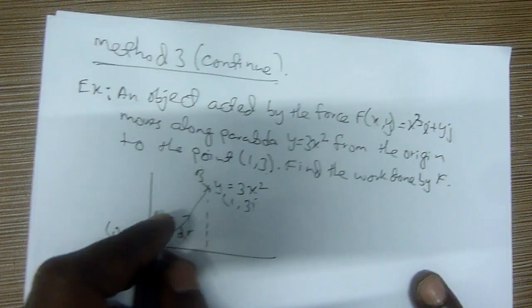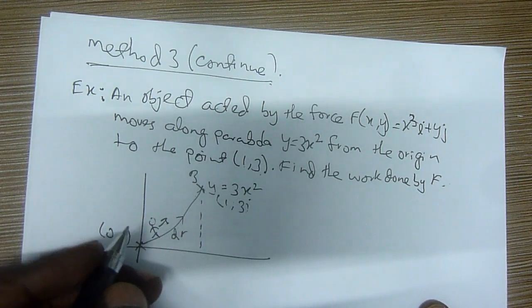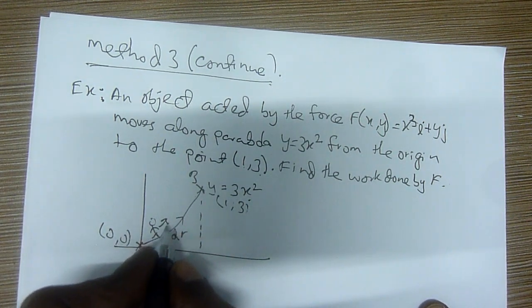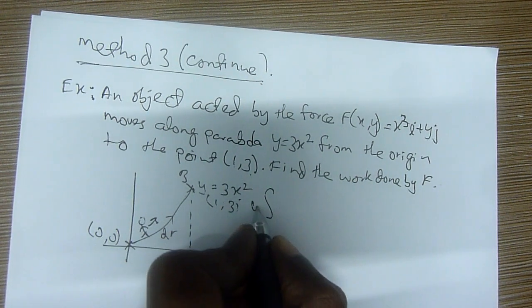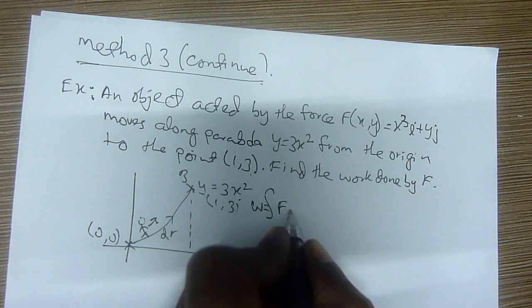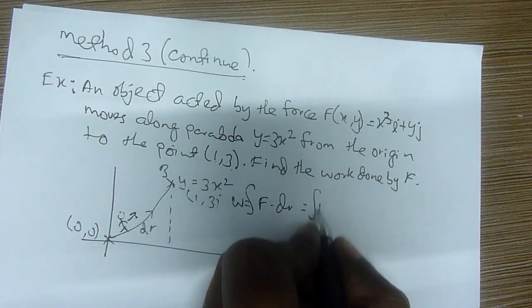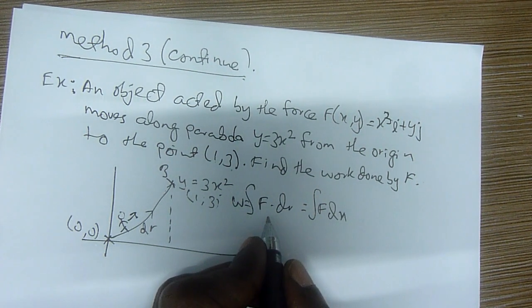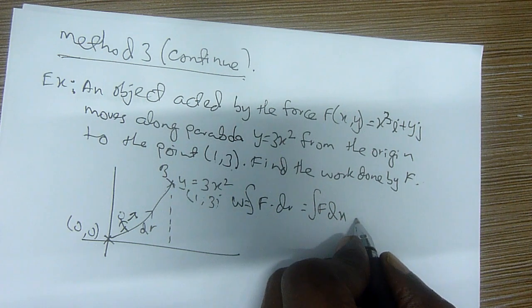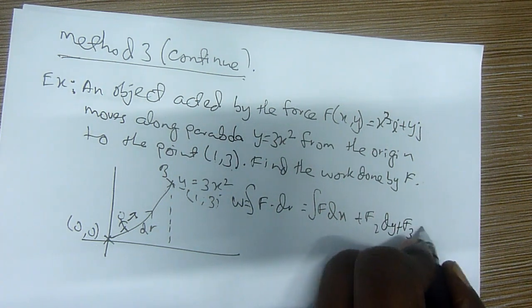Now you have two options. The ghost and the dr must be in the same direction. Therefore, the work can be calculated based on F and dr in the same direction, whereby F can be in method 1 or method 2, with F2 dy and F3 dz.